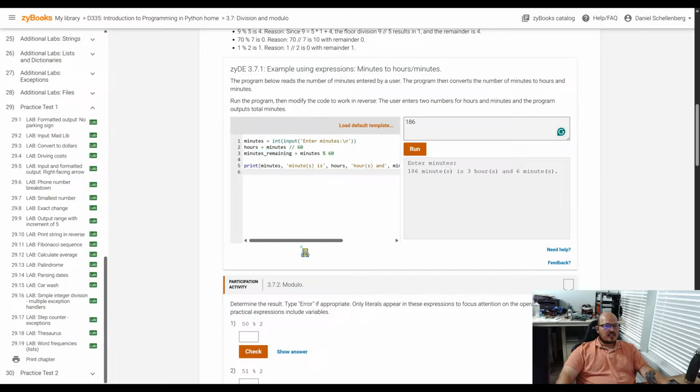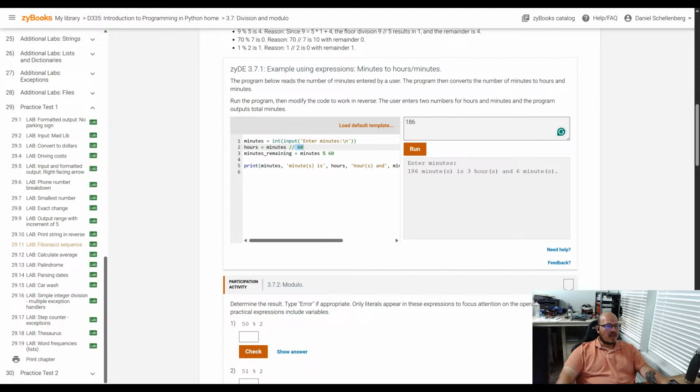So let's break down what it's doing here. Minutes, this one's easy. It's taking the input and converting it into an integer. And then hours takes that input, like 186, and uses floor division by 60. So if I took 186 divided by 60, that would be 3.1.